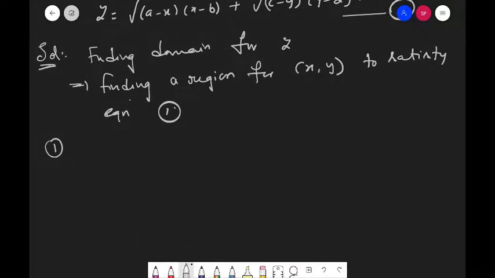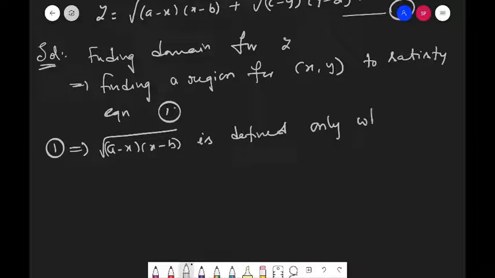Here equation 1 is the sum of two under root functions. Under root of a minus x into x minus b is defined only when a minus x into x minus b is greater than or equal to 0.